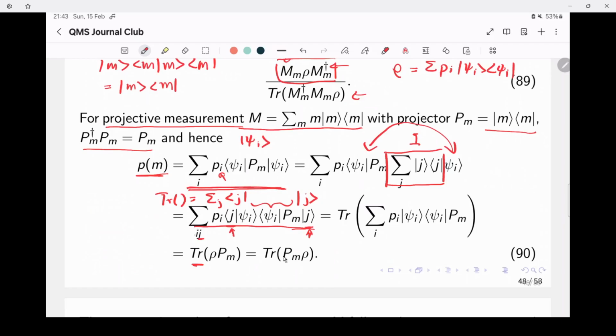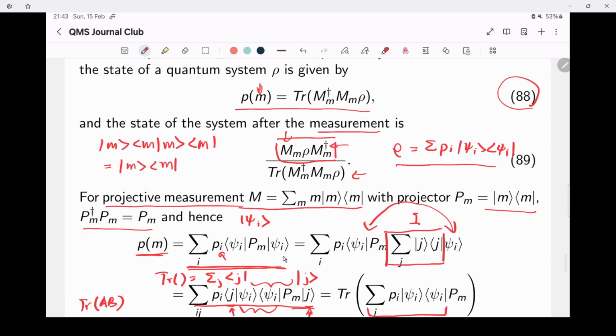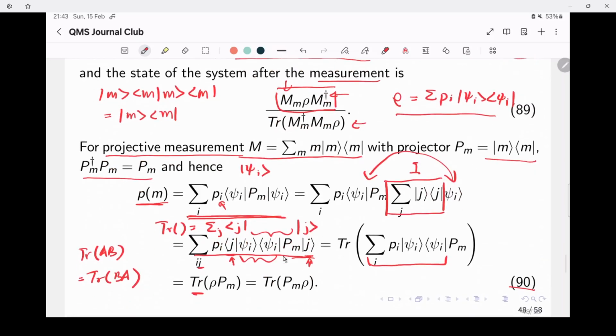The sum over all i pairs with this operator, which gives you back your density matrix. So this whole part is your density matrix, and then you get back your definition of trace, and that is why you get a trace of rho M. And then we know that trace of AB equals trace of BA, and that's how equation 90 is equivalent to equation 88, provided that you are using projective measurements.